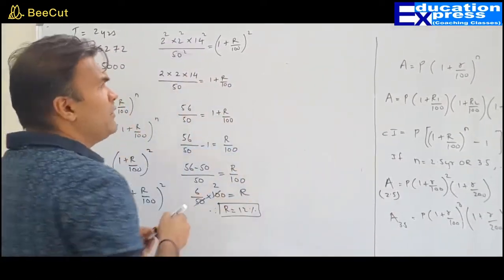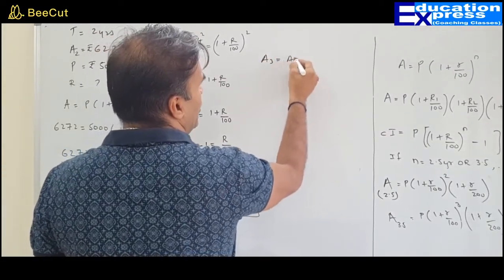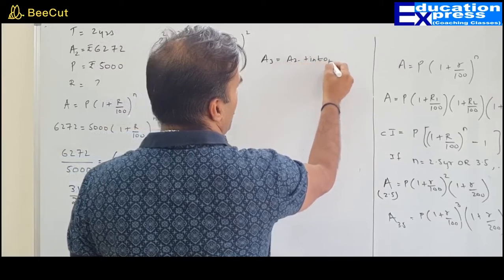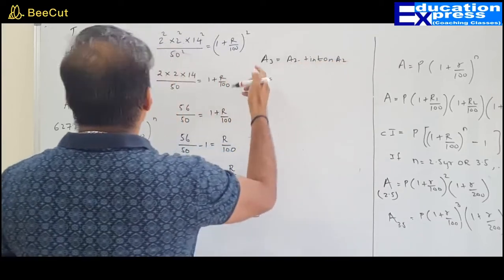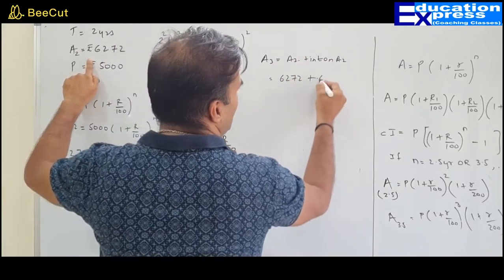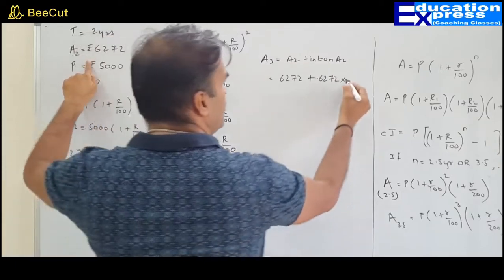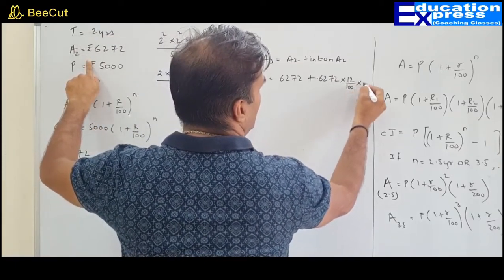So there are two ways of doing it. One, amount at third year equals A2 plus interest on A2. That means what is A2? 6272 plus 6272 into what is the rate of interest? 12 upon 100 into 1.